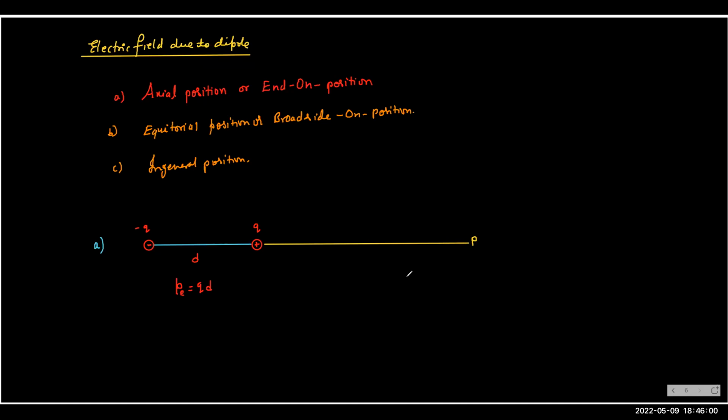So now P is a point on the axis of the dipole.